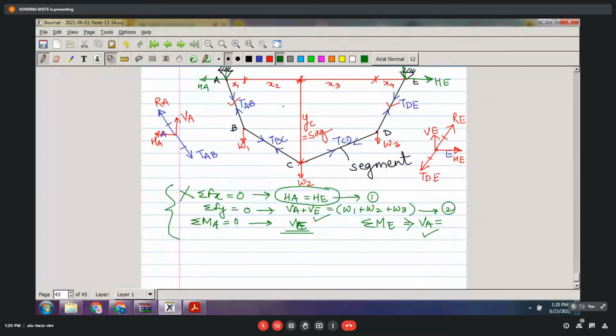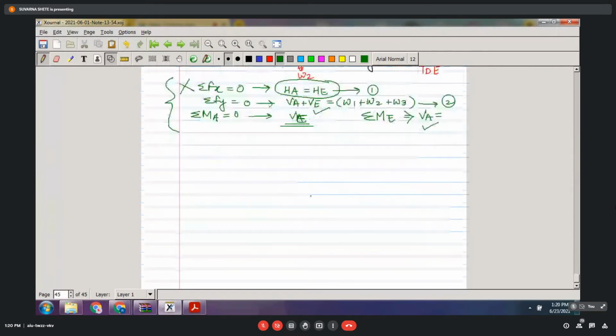Now this YC, or this sag, is given for calculation of HA or HE. What I will do, just like section method used in trusses, in this case also we will cut this entire cable segment from point C vertically. असा vertically कट देणार मी त्याला. बघा बरं काय येईल. या सीच्या जस्ट राईट साइडला मी कट दिला, समजा इकडे जाणाऱ्या CD सेगमेंटला मी कट दिला.